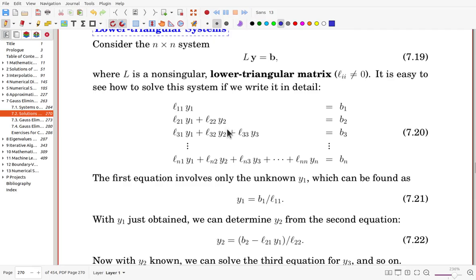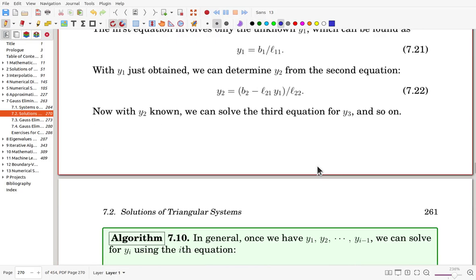We can keep going. Now at this point y1, y2 are known, so again we move these known terms to the right side and divide by L33, and we can get y3. Okay, we can go up to the end.